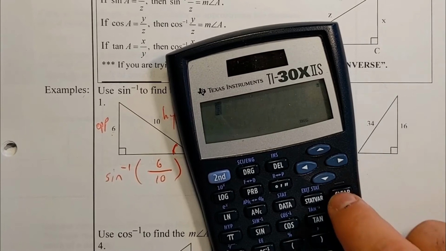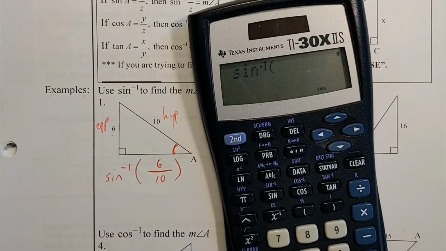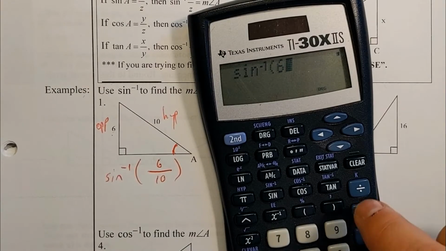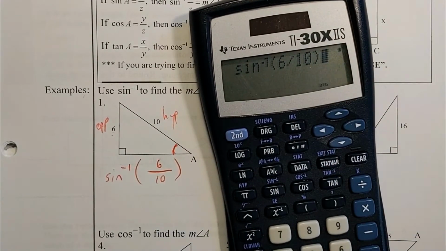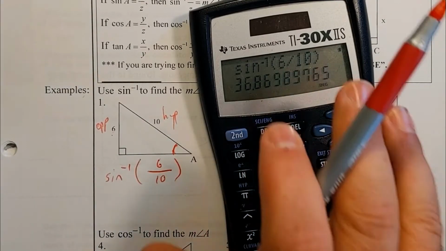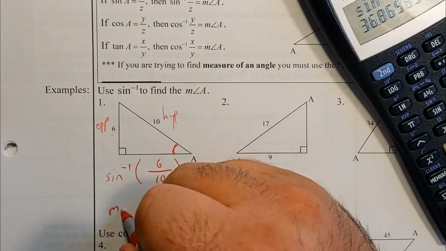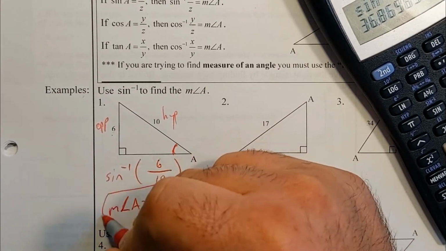So in the calculator, you go second sine, and that gives us that inverse, 6 divided by 10, and don't forget to close the parentheses on this one. So 36.9 would be that angle right there. So the measure of angle A is 36.9 degrees.